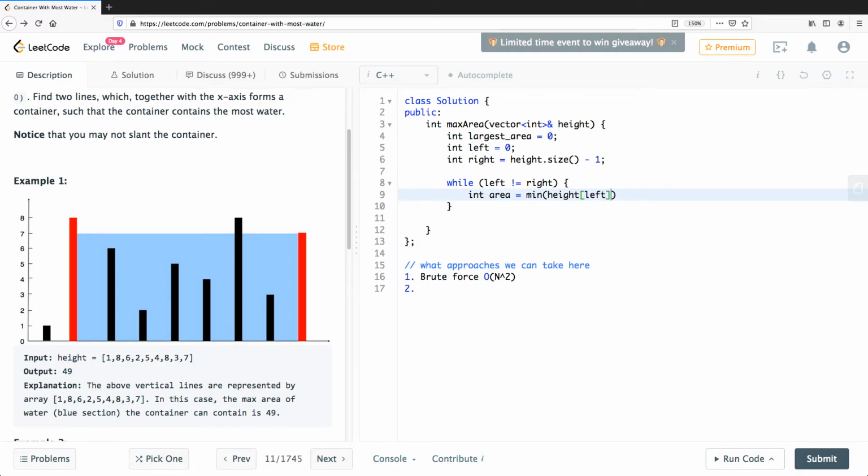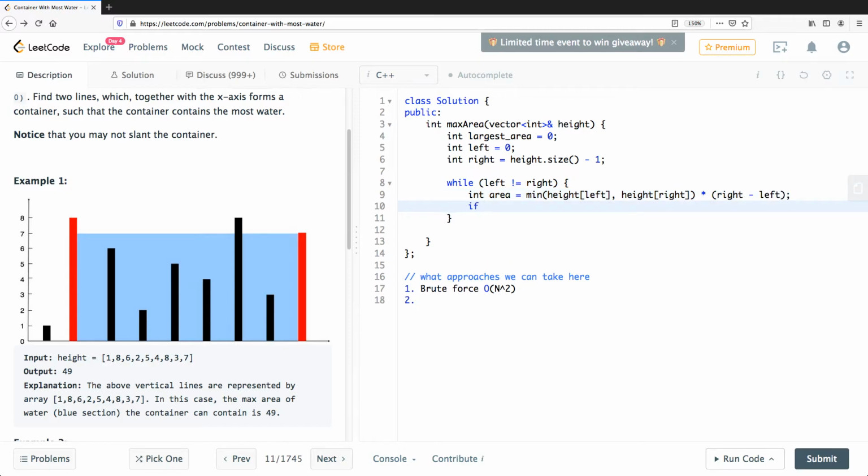You basically pass it to the min macro or function, whatever it is. You take the minimum of the two vertical lines, and you multiply that by the total span of right minus left on the x-axis, right?